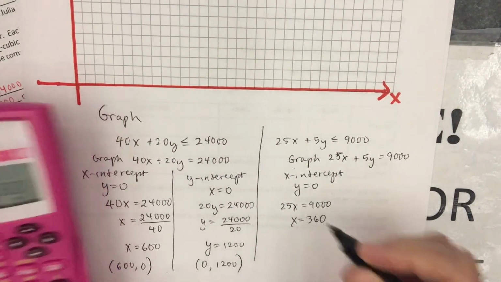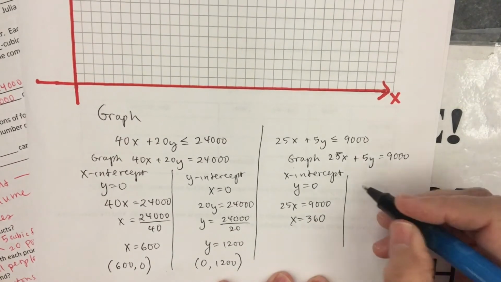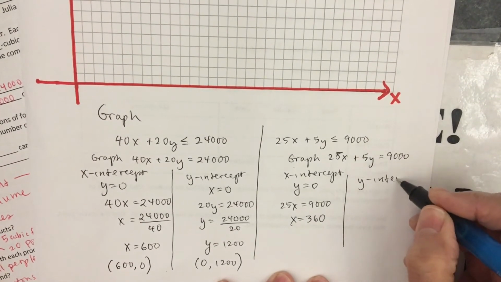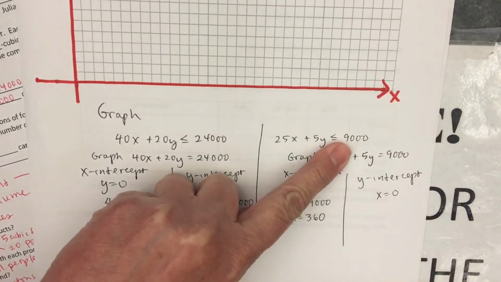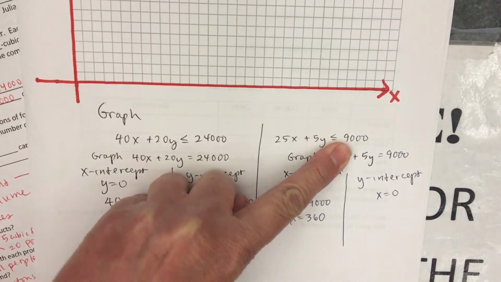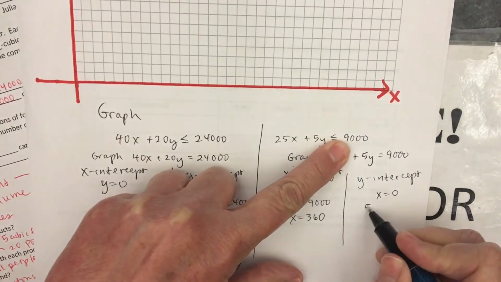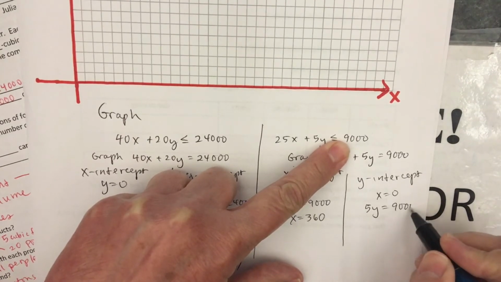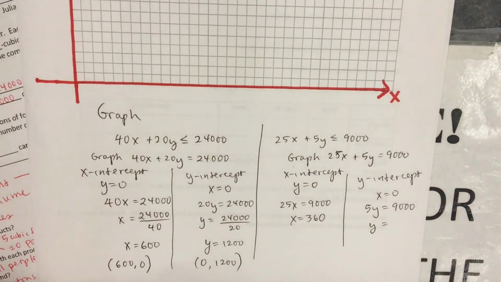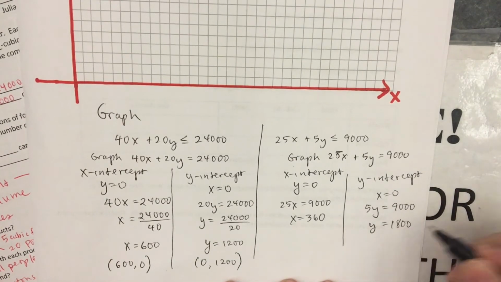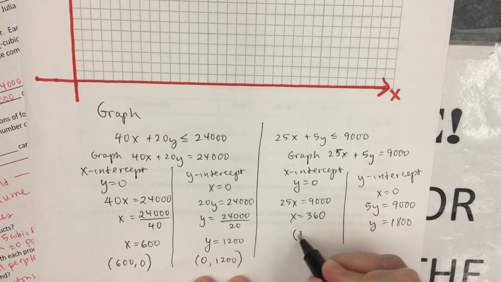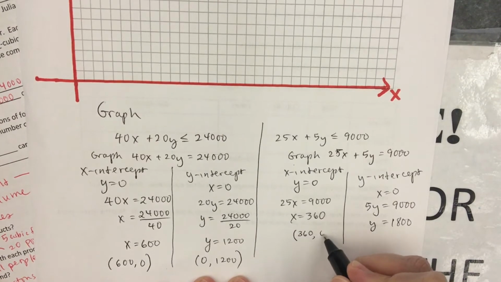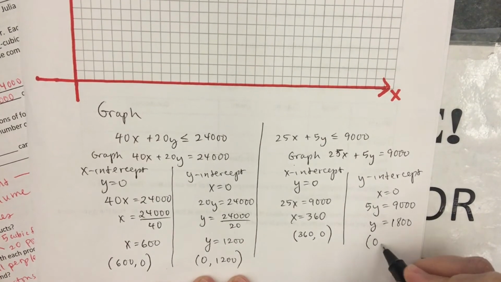And then for the y-intercept, x equals 0. Let's cover up 25x. I get 5y equals 9,000. Divide both sides by 5. 9,000 divided by 5 is 1,800. So in my second line, for x-intercept, I have 360, 0, and the y-intercept is 0, 1,800.